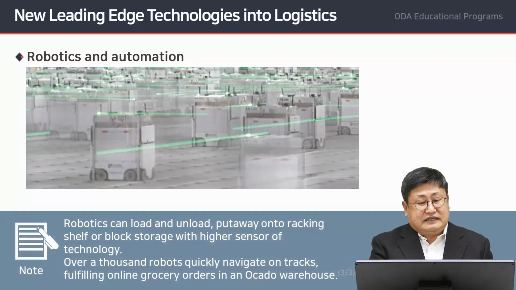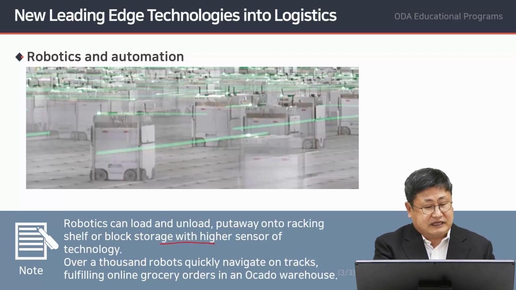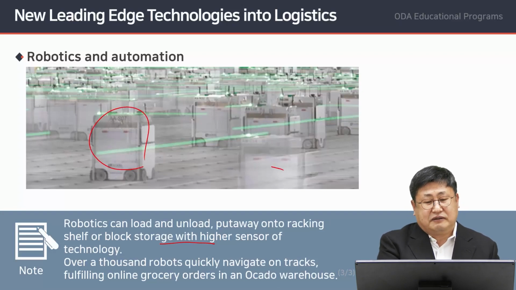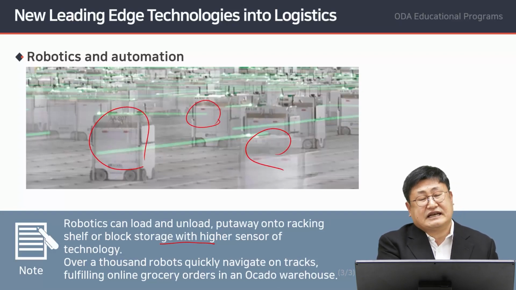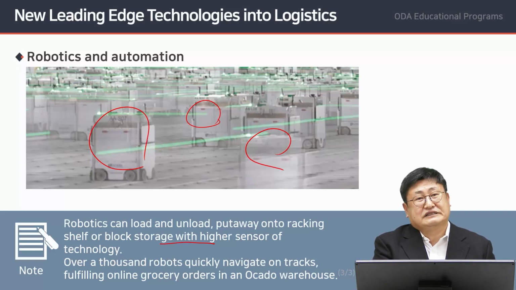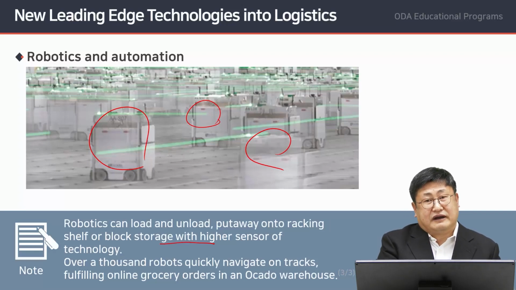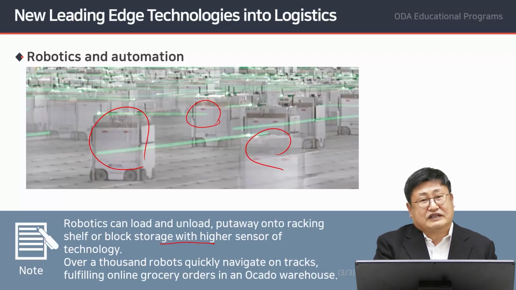And this is robotics load and put away on the racking shelf of block storage with a high sense of technology. Over 1,000 robots communicate with each other and do not collide with each other, right? No collision occurs because they are connected to each other and have sensors, so they exactly know what's going on.